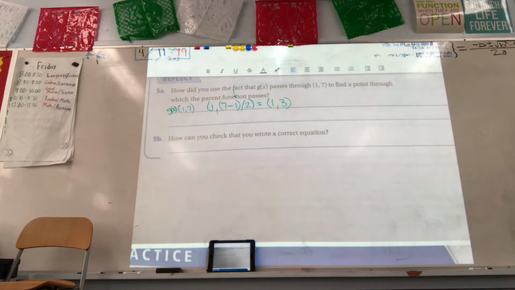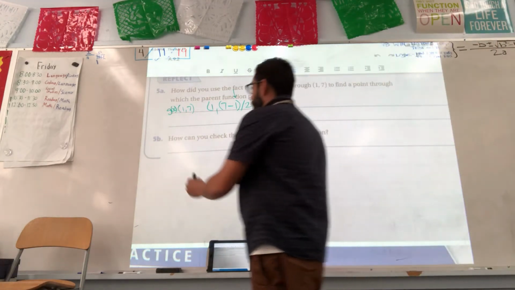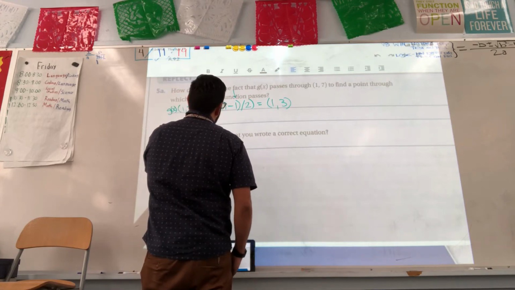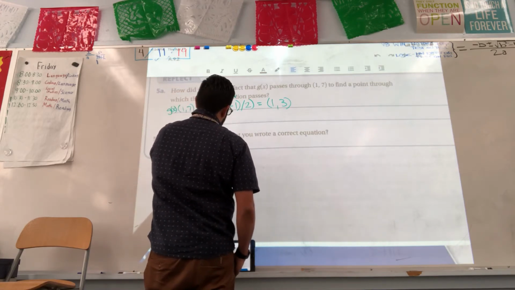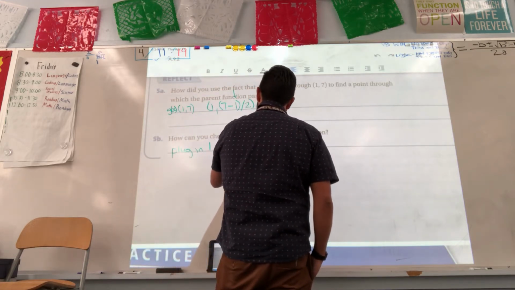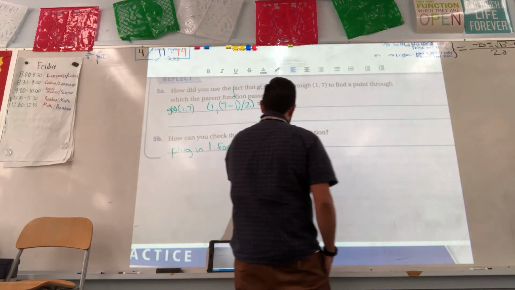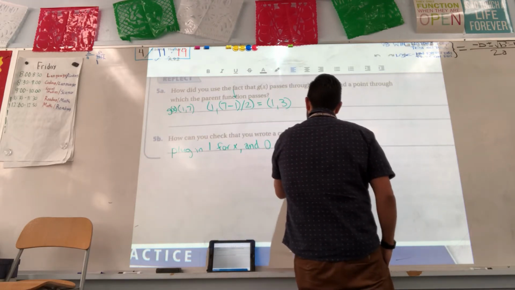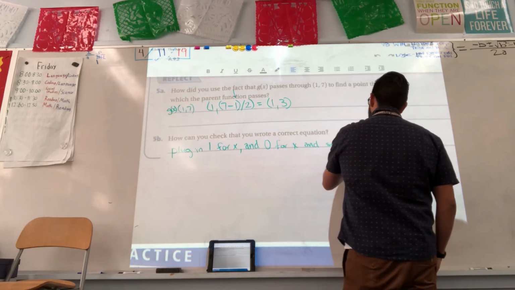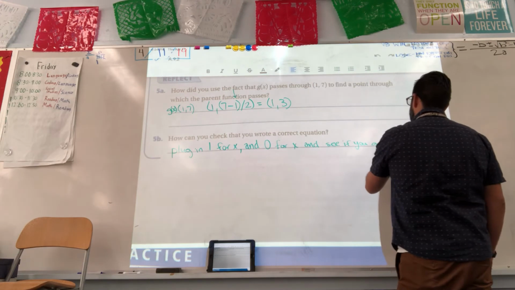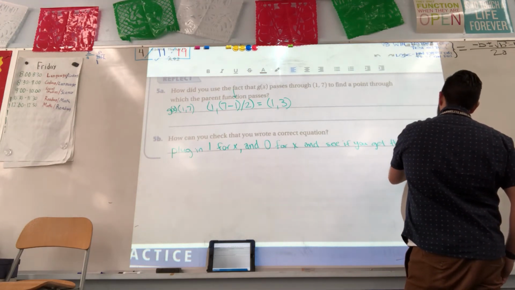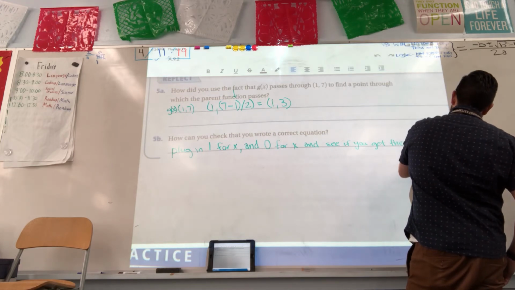How can you check that you wrote a correct equation? Plug in 1 and 0 for x and see if you get the right coordinates.